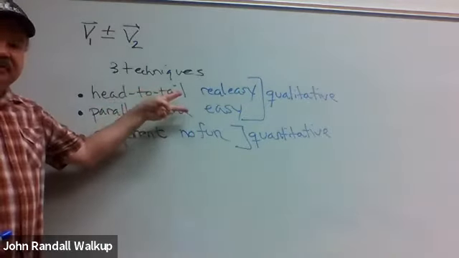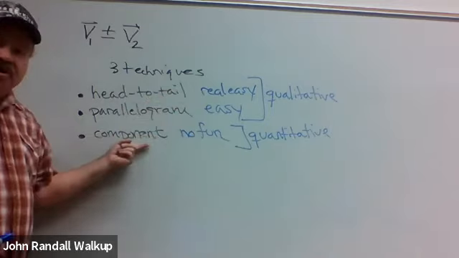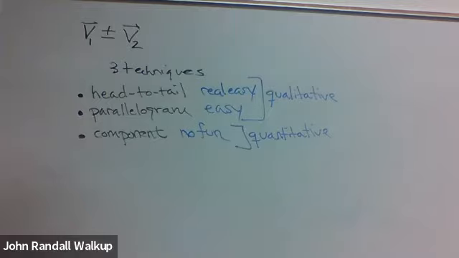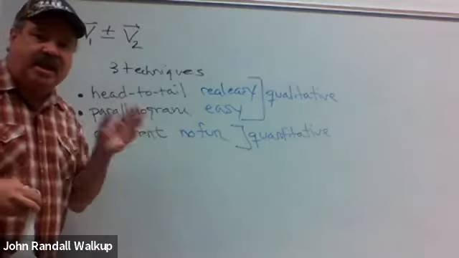We're going to learn these 2 first, then we're going to do the component method. Okay. All right. So we're going to first do the head to tail, and we've already done it.